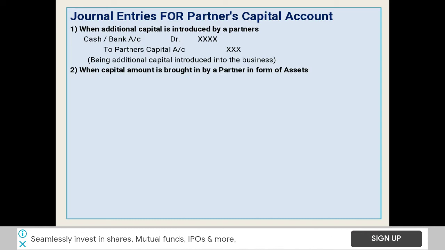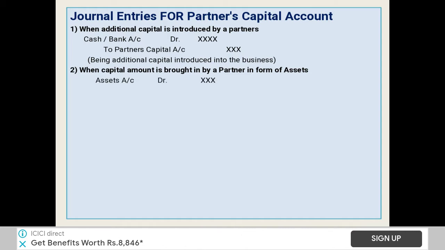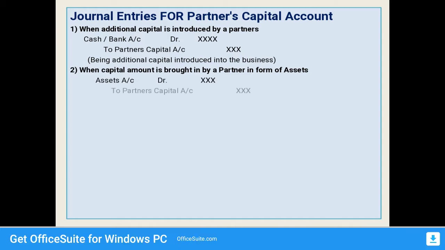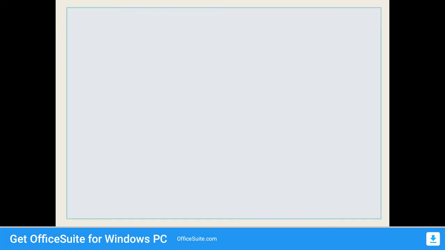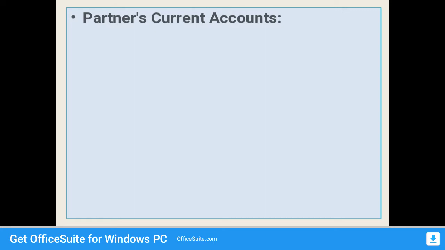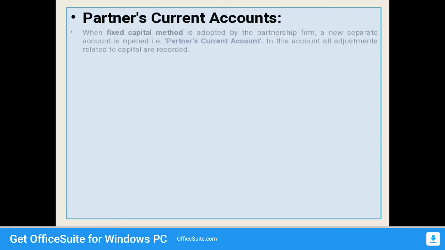When capital is brought in by a partner in the form of assets, asset account debit to partner's capital account, being additional capital brought in kind. So there are only two journal entries when capital is introduced to the business by a partner.